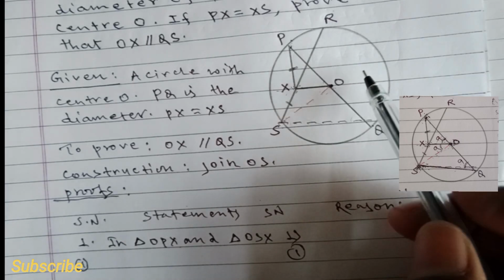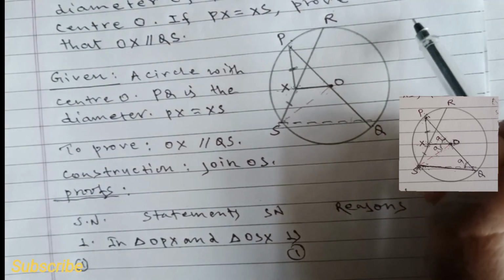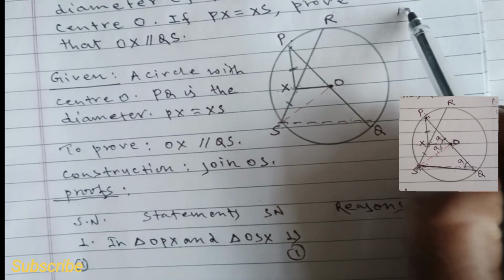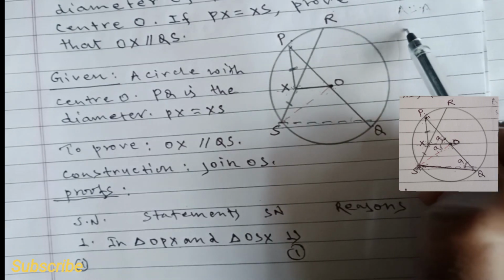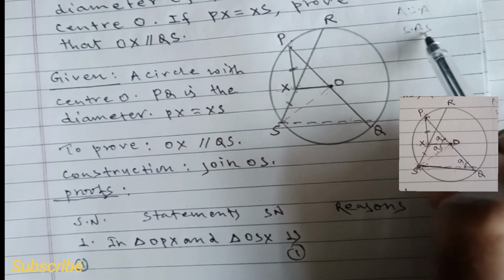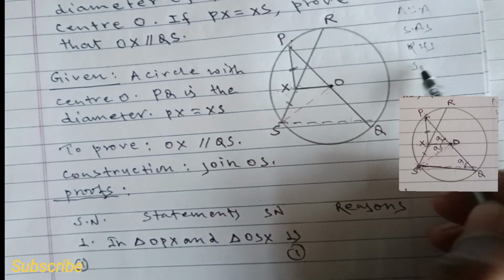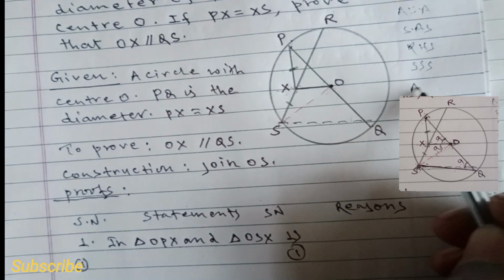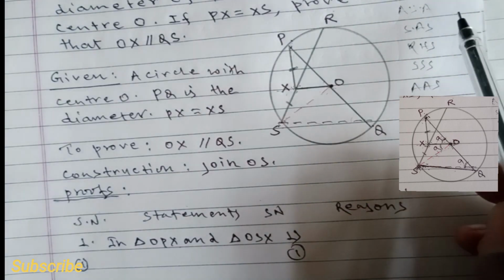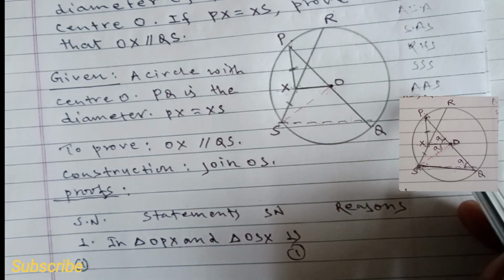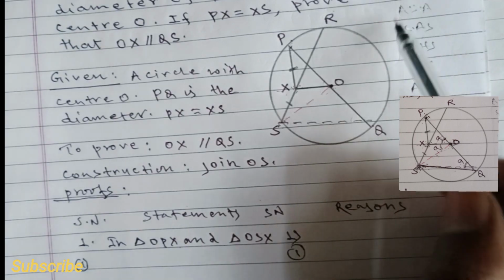So dear students, we know that altogether there are 5 facts of congruency test of two triangles: ASA, SAS, RHS, SSS, and AAS.